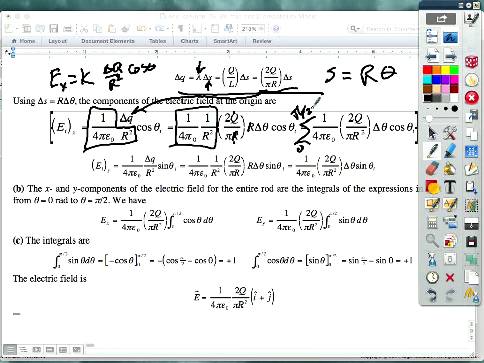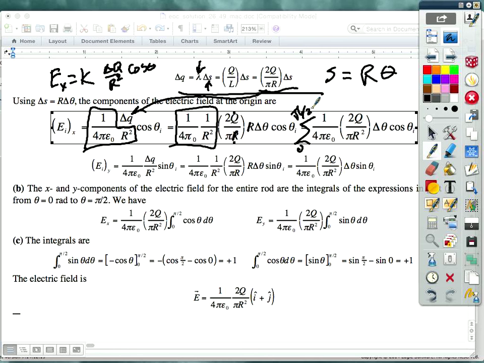Same thing: we say that little delta q, we need it in terms of this length. And that's how we say, but wait a minute, all of the radii are the same, yes, but how do we sweep across a quarter circle? Well, we do it by changing delta theta. And so we want to get the theta eventually, so we can add up the effect across all of them.